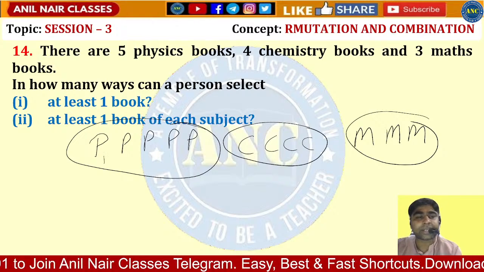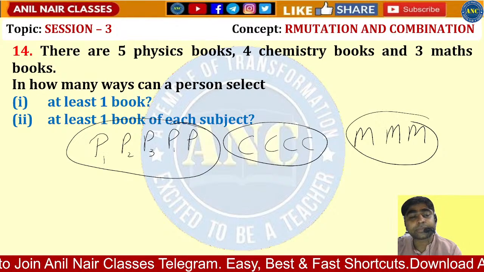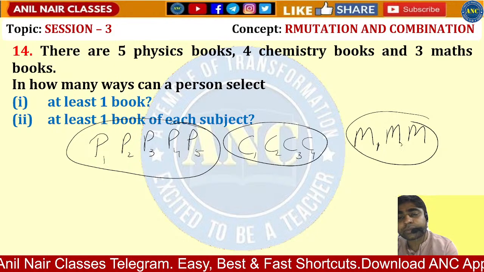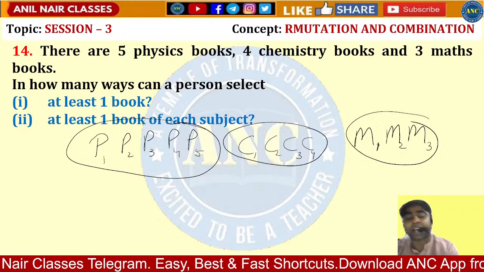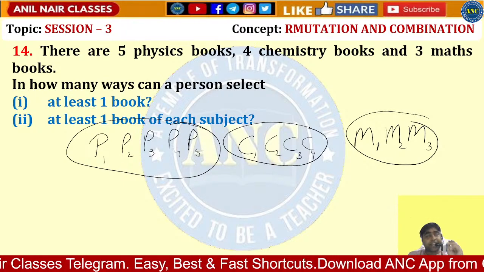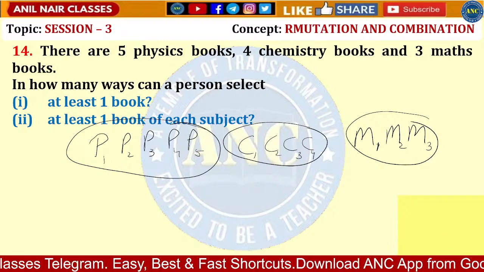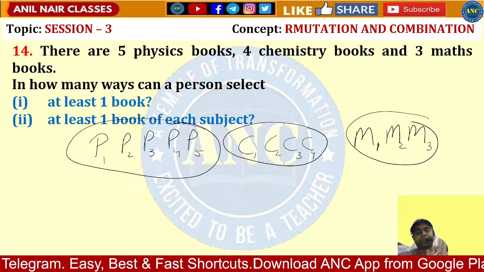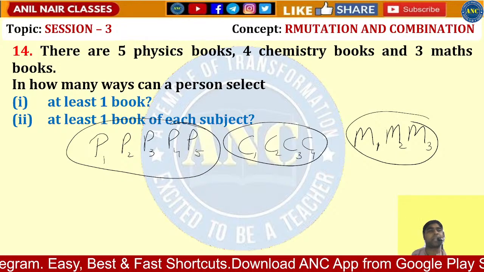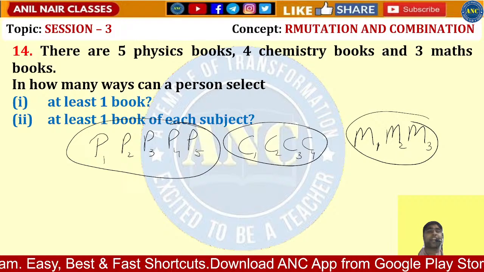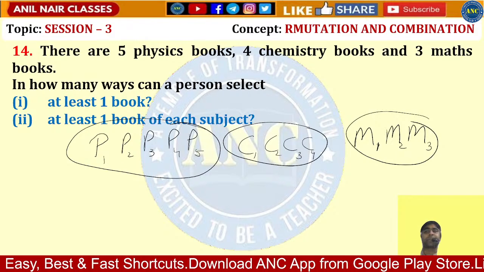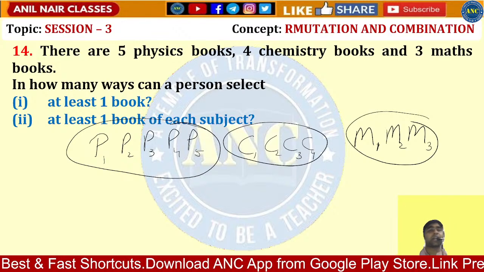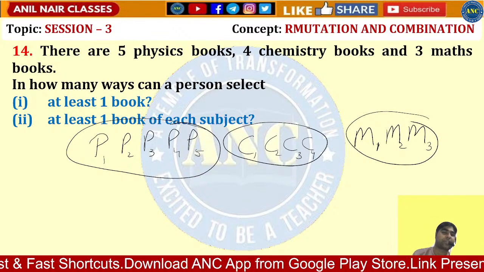So I'll name them differently, because if it had said that all physics books are identical, then it would have been a different question. It would come in the next question most probably. And since it says 5 physics books, 4 chemistry books and 3 maths books, that means all of them are distinct. In that condition, in how many ways can I choose at least one book?